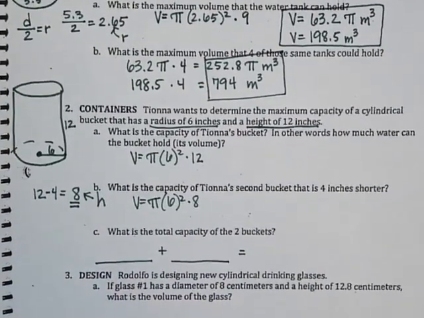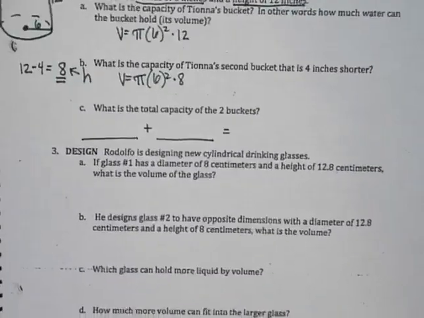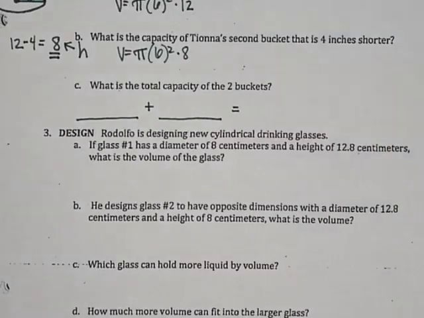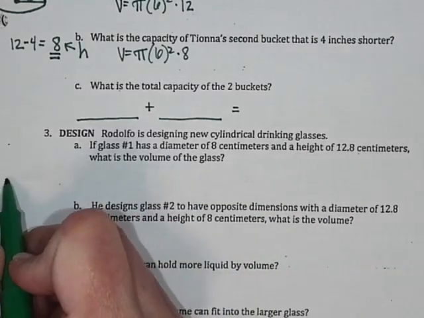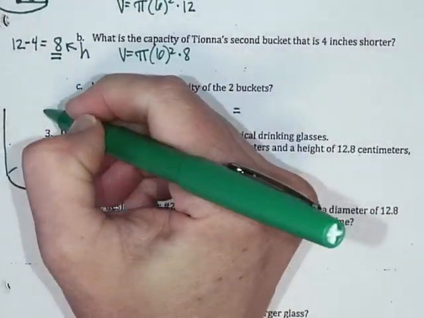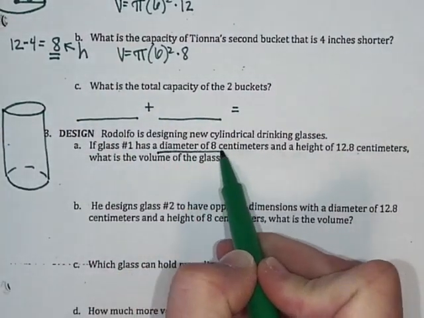All right. And then down here at the bottom, it looks like we have Rodolfo designing new cylindrical drinking glasses. If glass number 1 has a diameter of 8 centimeters and a height of 12.8 centimeters, what is the volume of the glass? So you've got the bottom of the glass here, and the glass goes up like this, and it says a diameter of 8 centimeters.